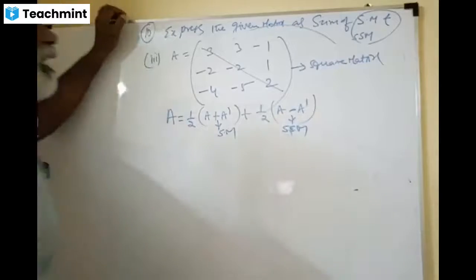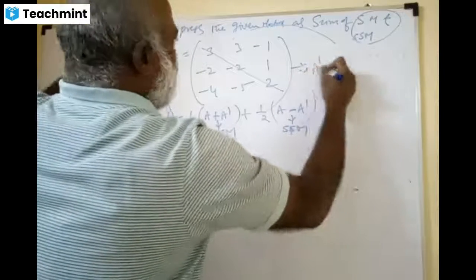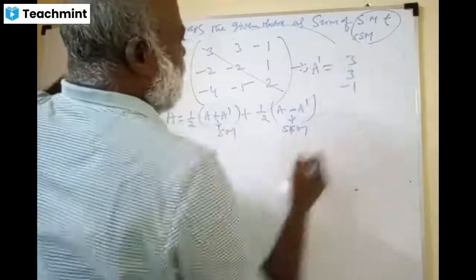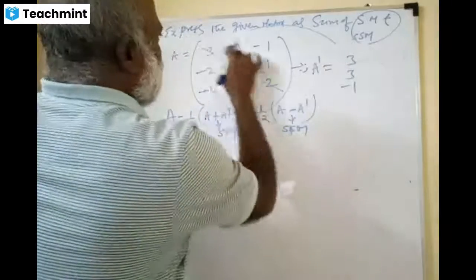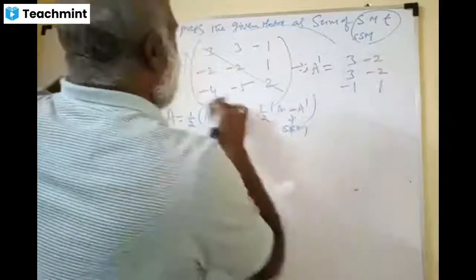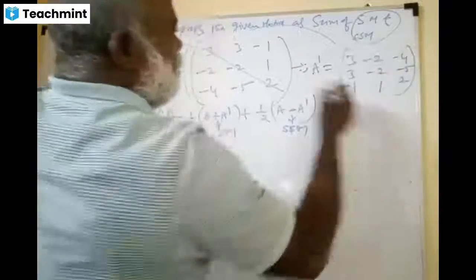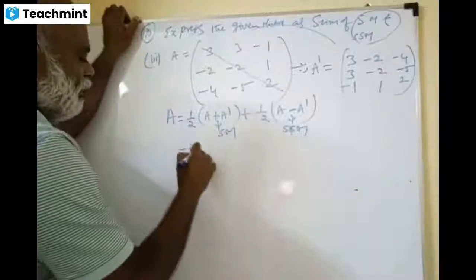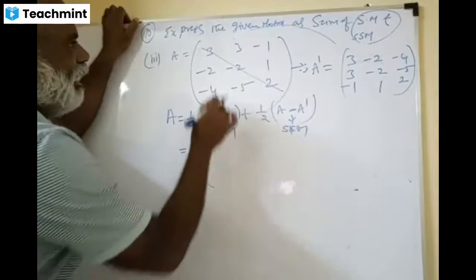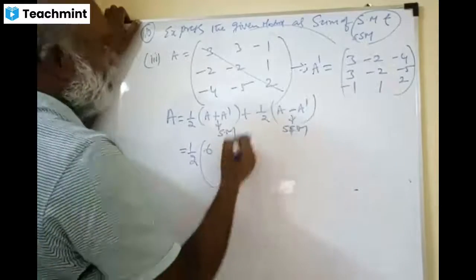So you find out A dash, my dears. Look at it: 3, 3, minus 1, minus 2, 1, and minus 4, minus 5, 2. Friends, you add A and A dash. 3 plus 3 is 6. 3 minus 2 is 1.